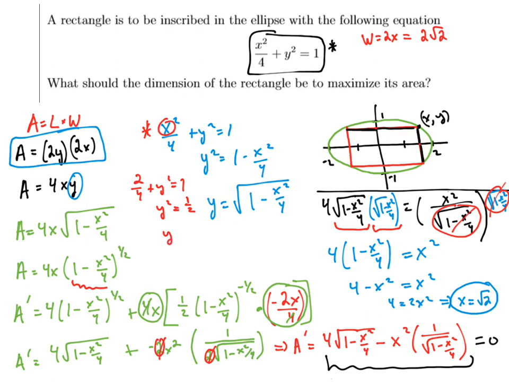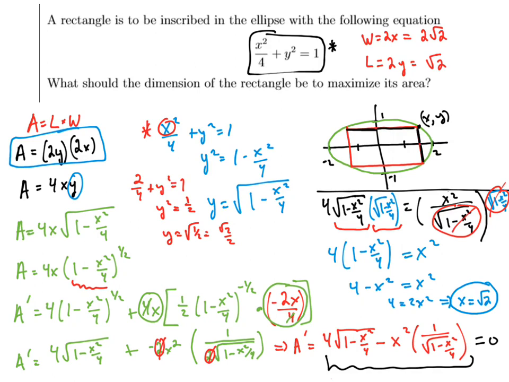Take the square root of both sides, I get y is equal to square root of 1/2, which I can simplify to root 2 over 2. And then the length is 2 times y, so 2 times root 2 over 2 is just square root of 2.